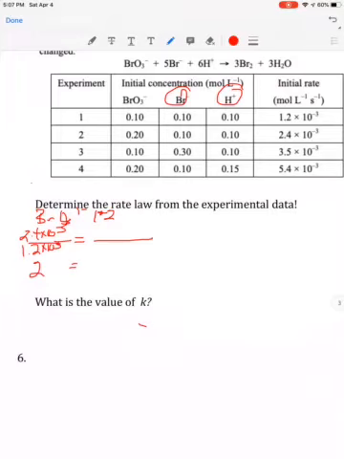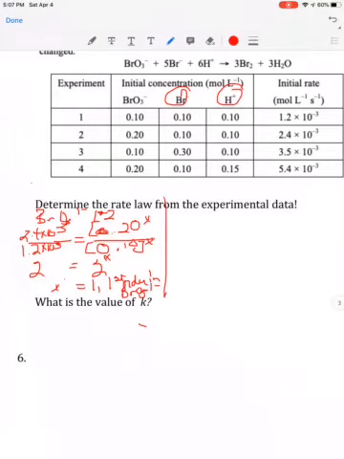On the right side, I'm going to put the larger concentration, the one that goes with the 2.4 times 10 to the minus 3, in the numerator, and the value for trial 1 in the denominator, and I get 2. Let me finish this. Bring this to the x power. Evaluating this, I can see that x equals 1, so this is first order in BrO3 1 minus.